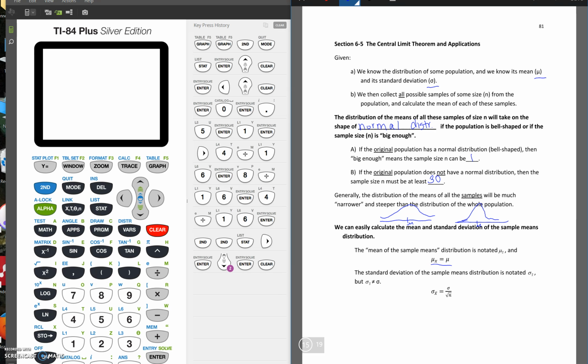It's a thinner distribution. So the formula for the new standard deviation: you take the standard deviation you were given for the original population and divide it by the square root of n. So you would take the standard deviation you're given in the problem divided by the square root of how big of a sample you're taking.